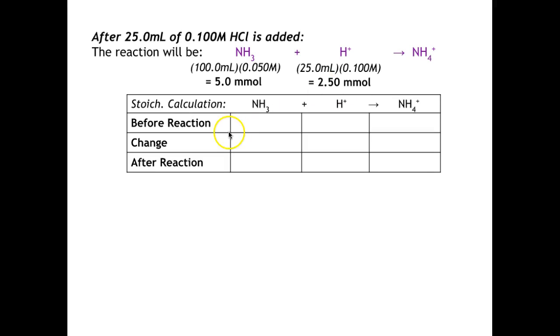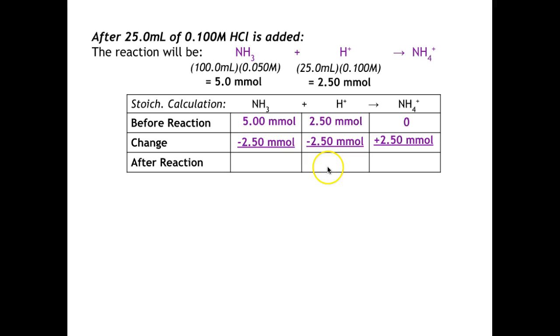So we're going to put this into our BCA table. So before the reaction takes place, we have 5 millimoles of ammonia and 2.5 millimoles of our H plus ion. And then we're going to look at our change. So in this case, our strong acid is our limiting reactant.